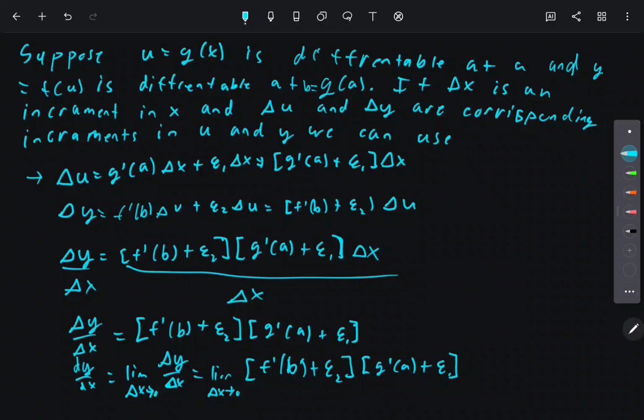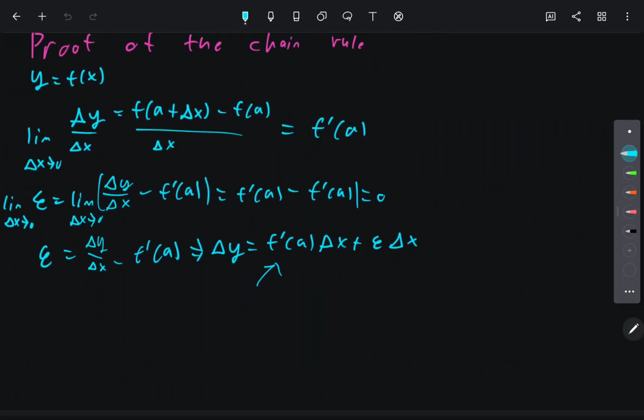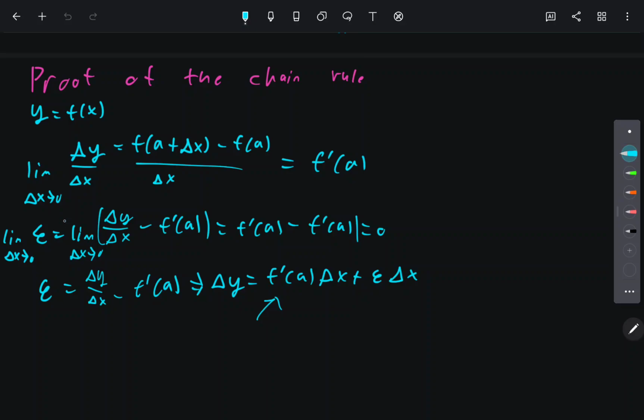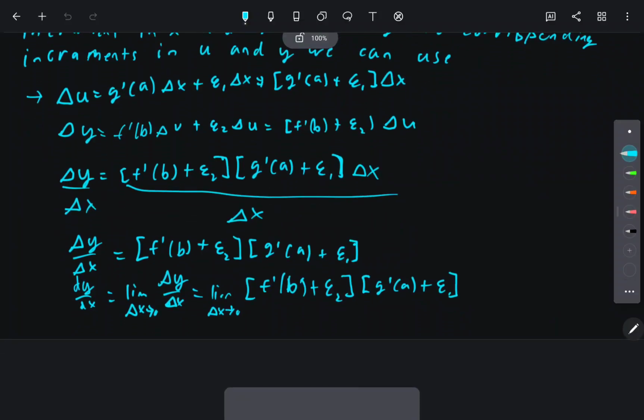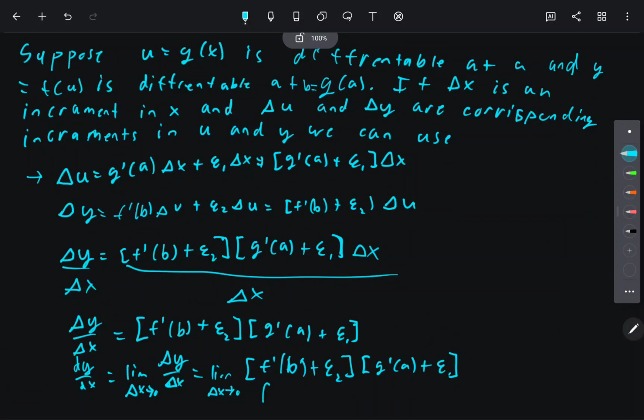And as that limit goes to 0, the epsilons, because as we showed way earlier, go to 0. So we're really just given this f prime of b times this g prime of a.